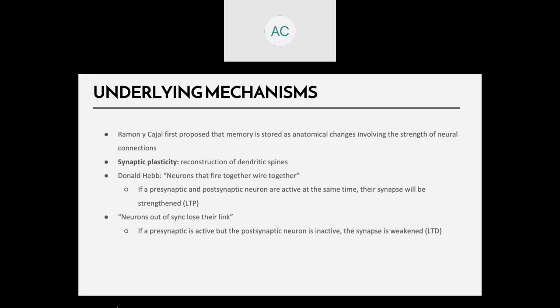But neurons that are out of sync will lose their links. So if the presynaptic cell fires and the postsynaptic cell doesn't, then the synapse is likely to be weakened, and that's called long-term depression, whereas neurons that fire together, wire together refers to long-term potentiation.